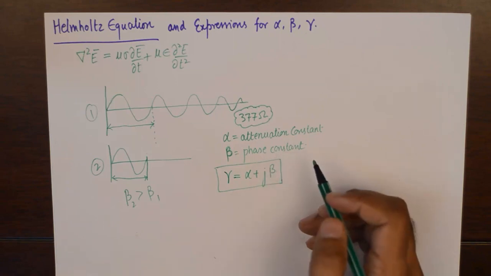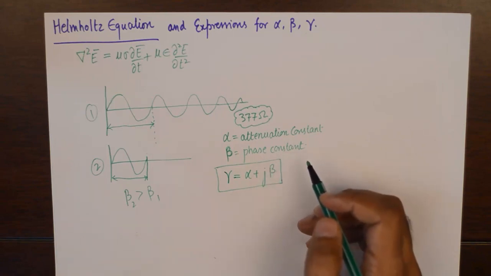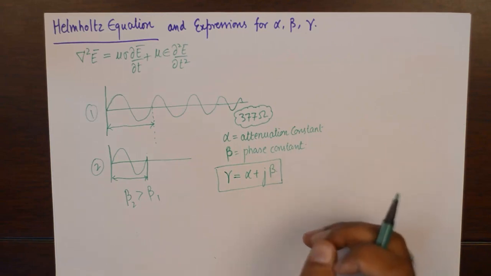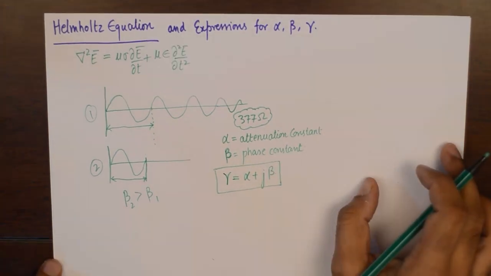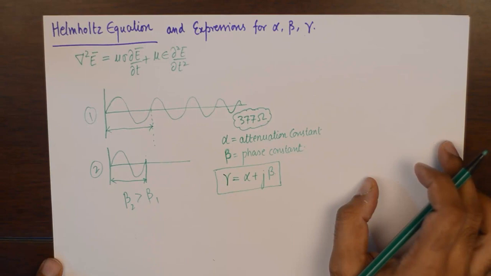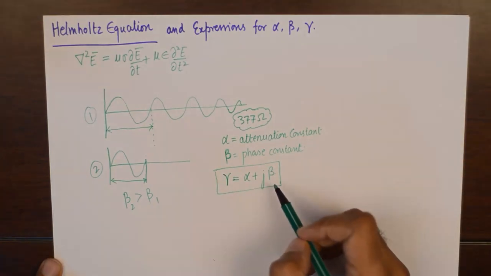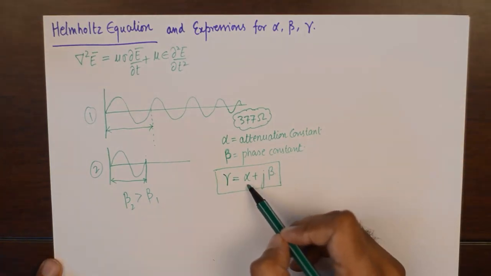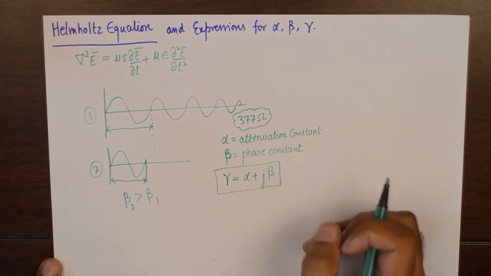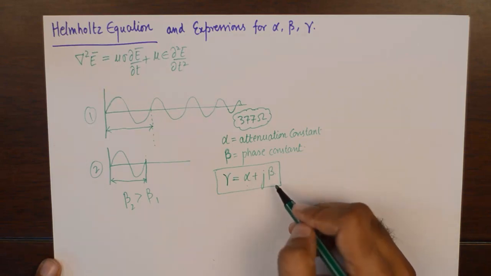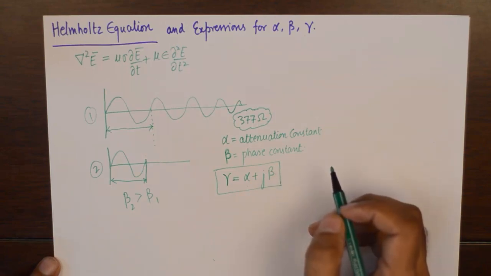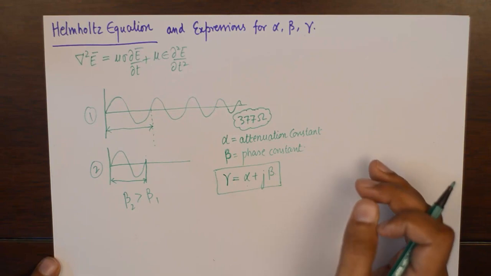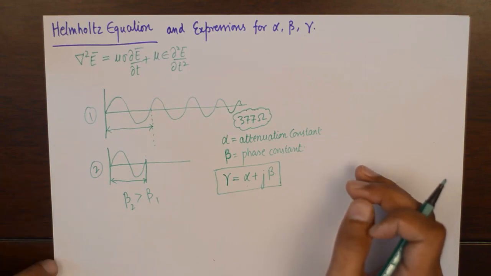Alpha represents attenuation constant and beta represents phase constant. So wave equations are going to tell us two very fundamental characteristics of a wave. The first one being alpha, that is how quickly this is going to die out, and the second one is beta, how quickly it is changing its phase from 0 to 90 degrees to 180 to 270 to 360.